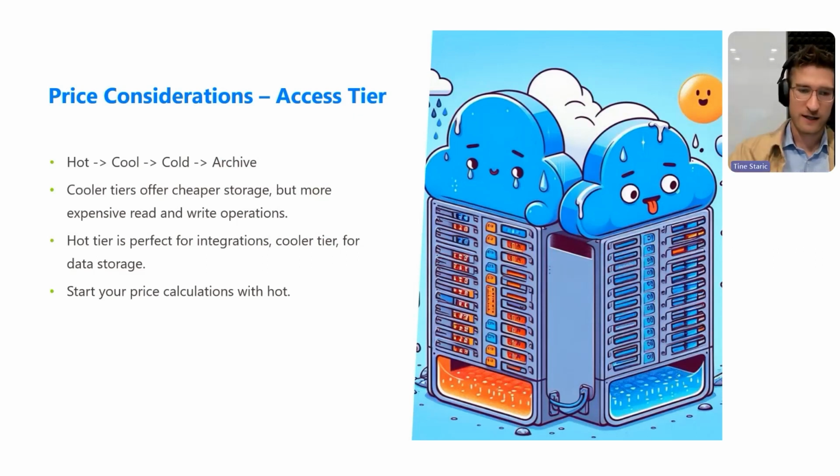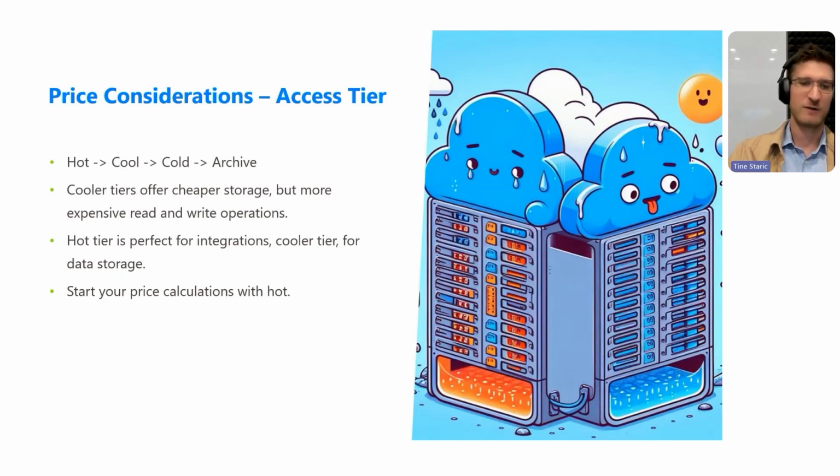For our price calculation, I would say always start with hot. The reason for this is hot is really simple to input into the price calculator. When it comes to cool and cold and archive, if you start hitting capacities of 500 gigabytes or maybe more, that's when you can start thinking about colder storage accounts to optimize your costs.